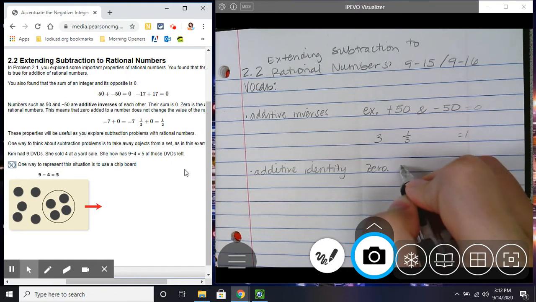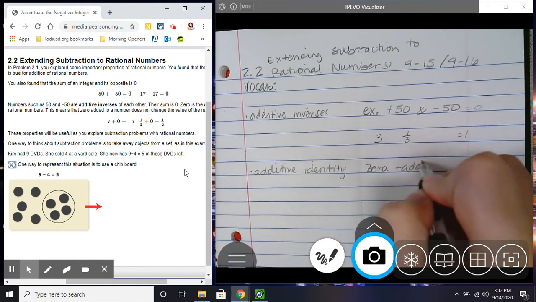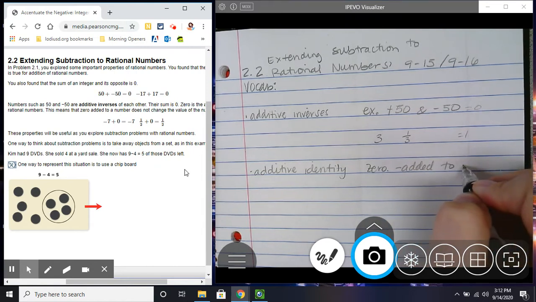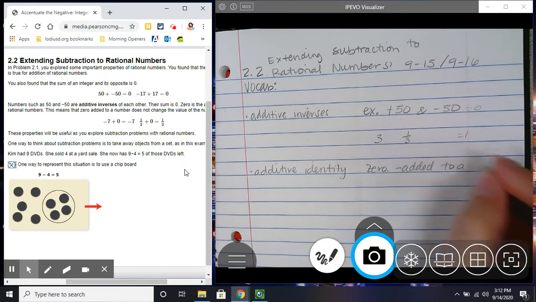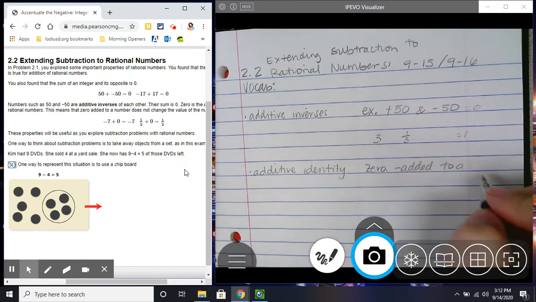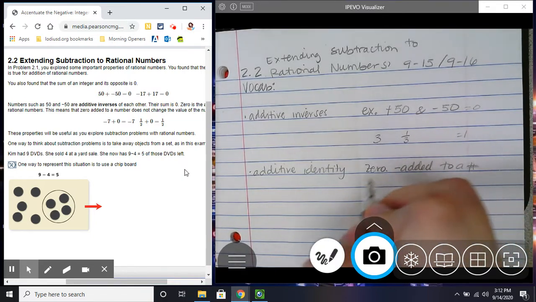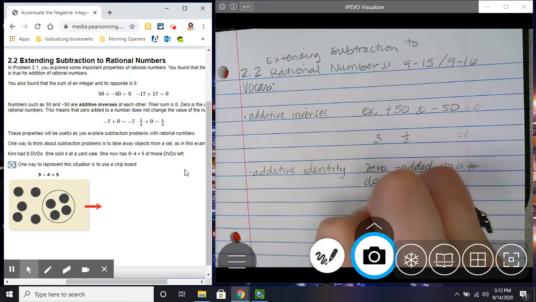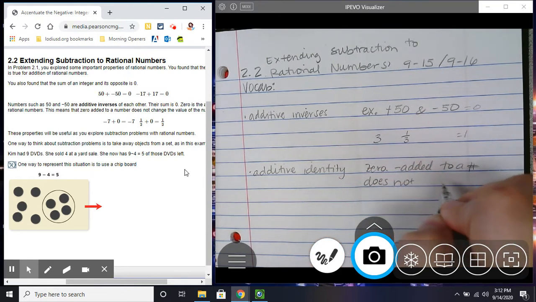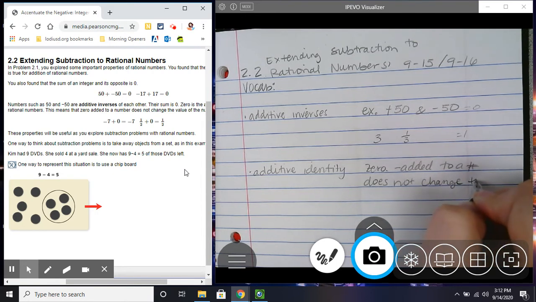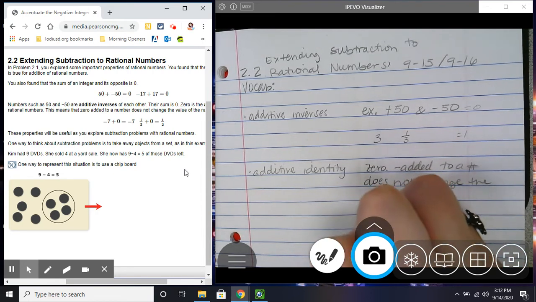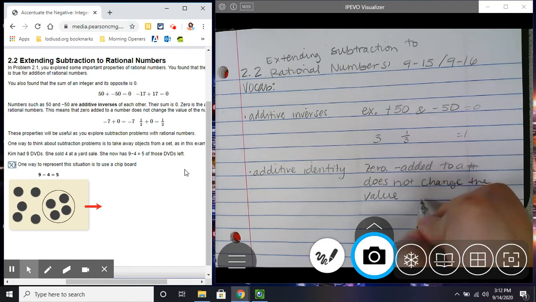This means that 0 added to a number does not change the value of the number.